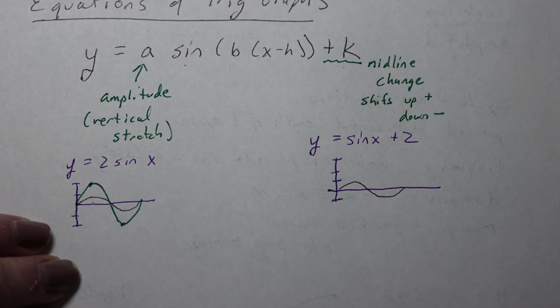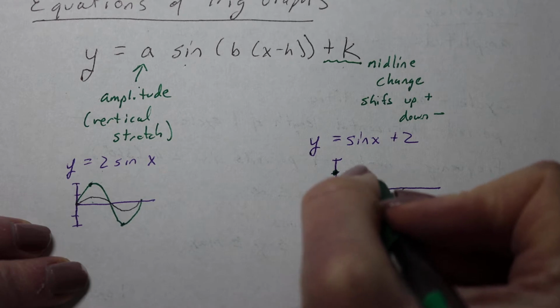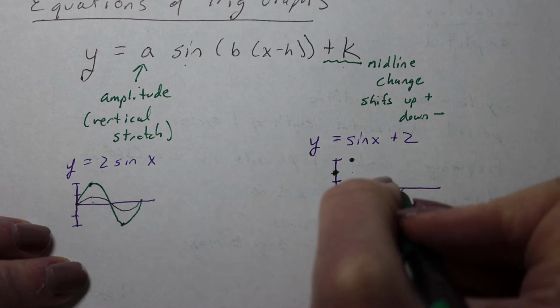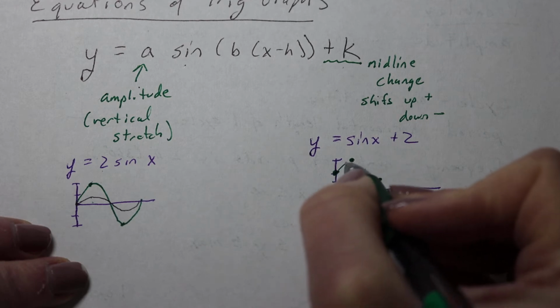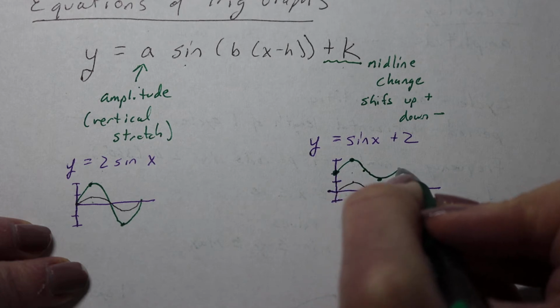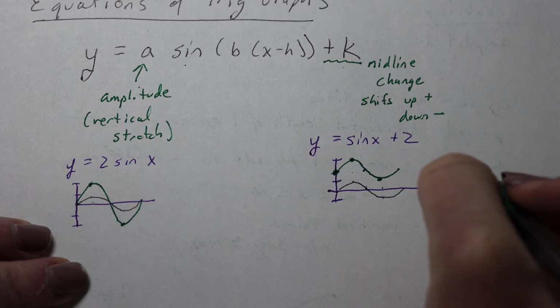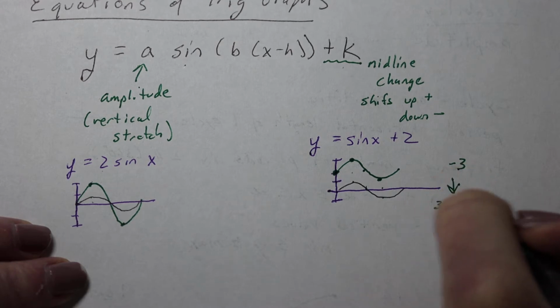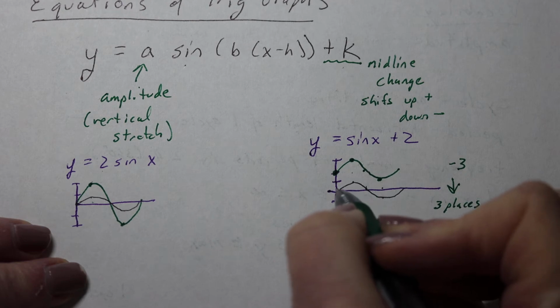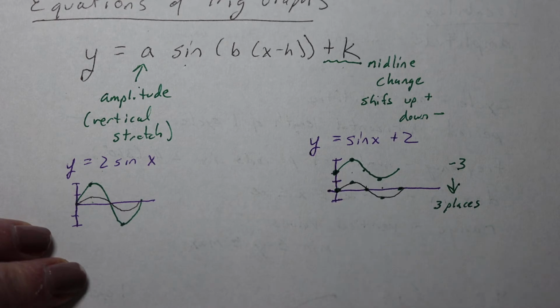It's still going to keep the same amplitude, but now this piece is going to move up by 2, and that piece is going to move up by 2. So we just moved the entire graph up 2 places. If this was, say, a minus 3, then the whole graph would go down 3 places. And I always use those critical points, the maximums, minimums, and intercepts, to help me know when and where to move things.